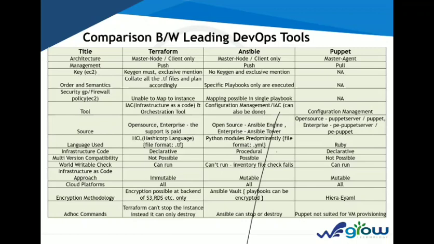Say, if you take Terraform or Ansible, the group of servers are managed by a control node. The control node is nothing but the Ansible server or the Terraform host, and it does not need any kind of agent installation. But if you take Puppet, you need to install an agent in all the servers which you are going to manage using Puppet Master.